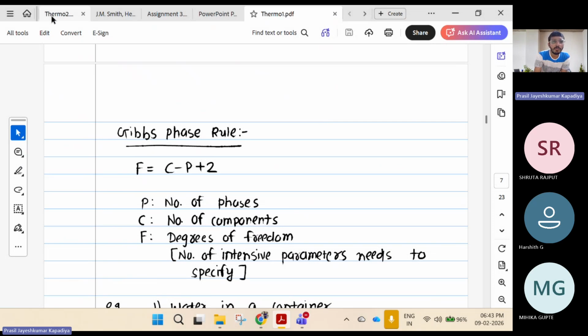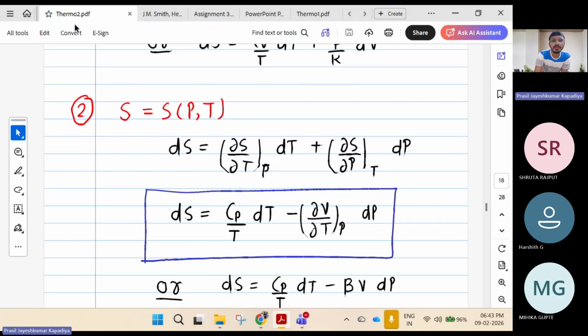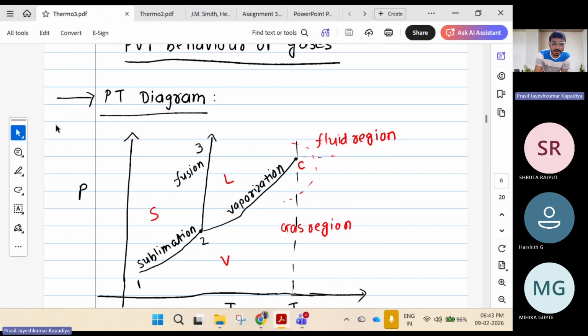Okay. Now what will be my degree of freedom at this solid-vapor equilibrium for a pure substance? For sublimation. The sublimation curve, this line where solid and vapor are in equilibrium. I am only dealing with one component as of now, so my C will be 1.